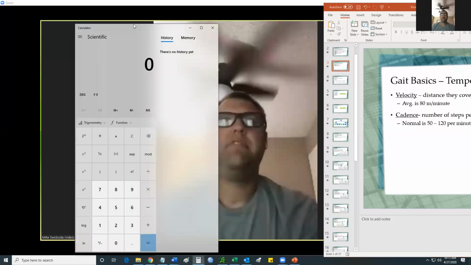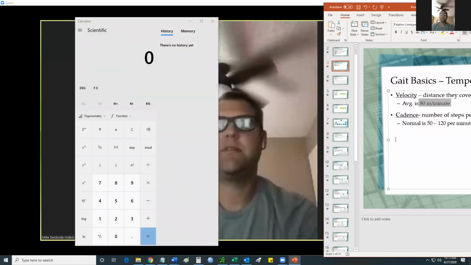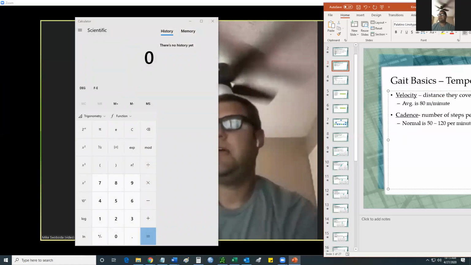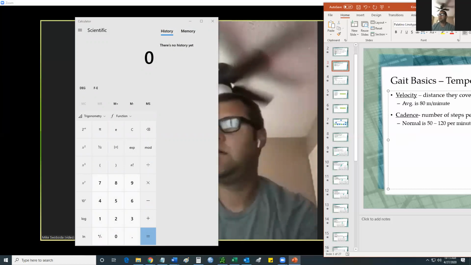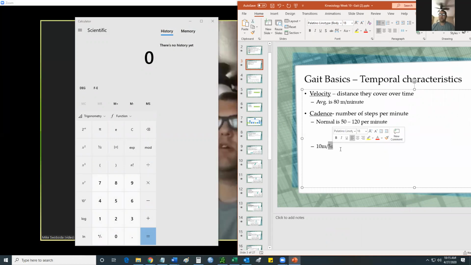If I want to get velocity, I want to get velocity in meters per minute. So if I did 10 meters in 5 seconds, I would want to multiply this out by 12.